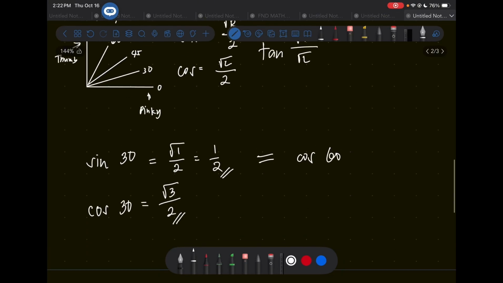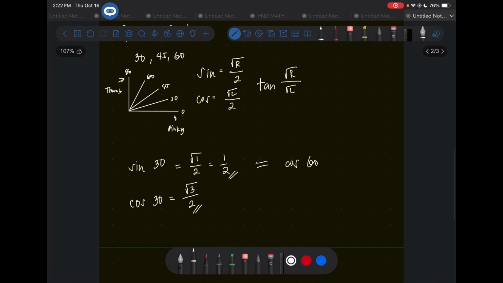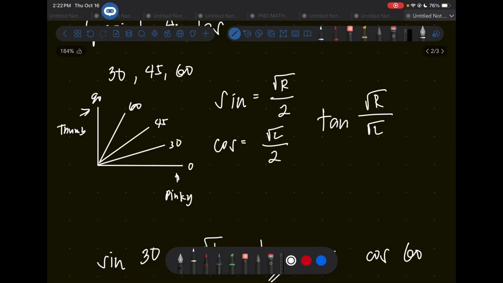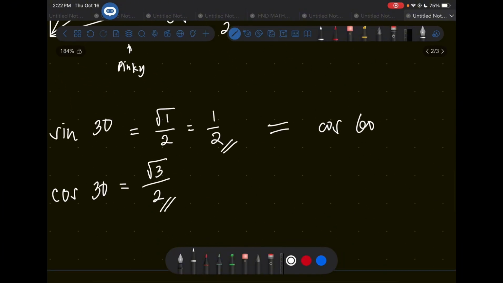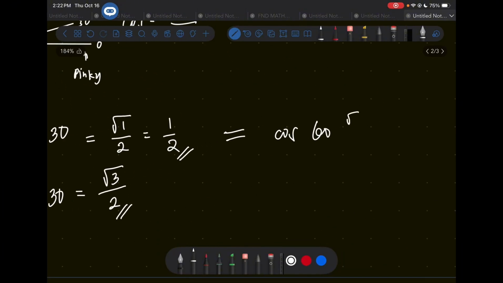Let's check if it's equal. Here in 60, we're going to refer to cosine, so it's the square root of left over 2. How many fingers do you have on your left? 1. So it's going to be square root of 1 over 2, equal to 1/2.